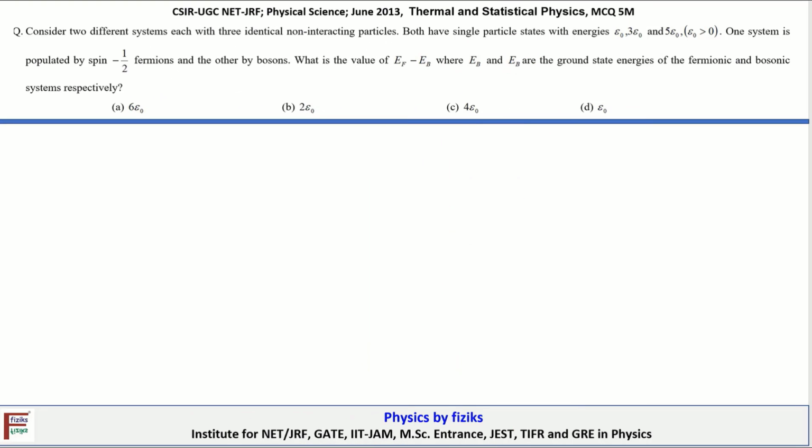Let's take a look at the next problem. Consider two different systems, each with 3 identical non-interacting particles. So we are having two systems where n is equal to 3, which are identical and non-interacting.